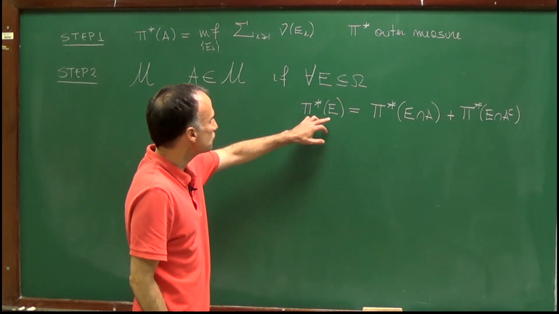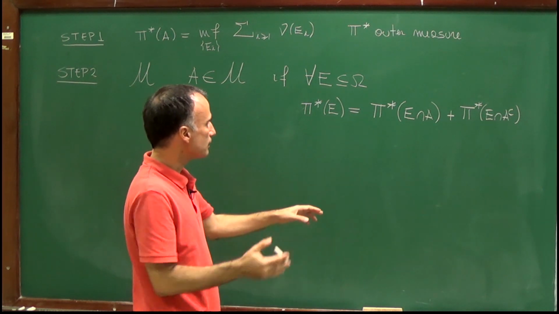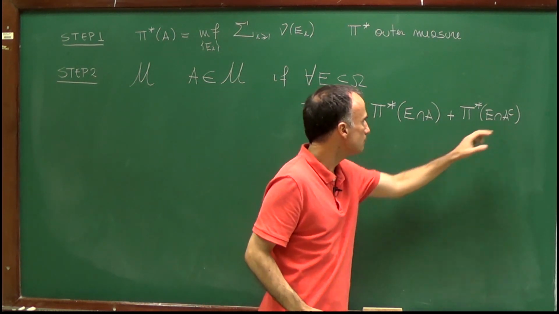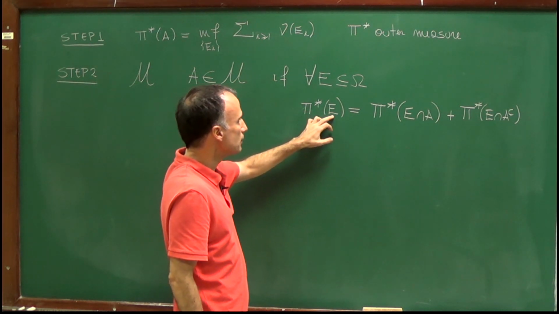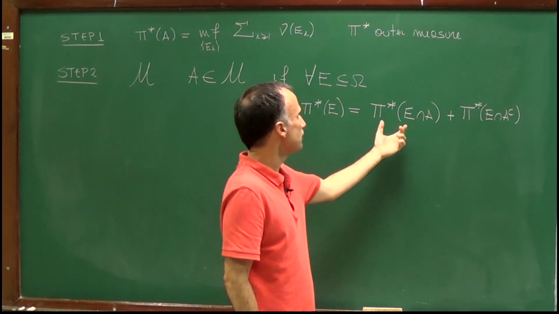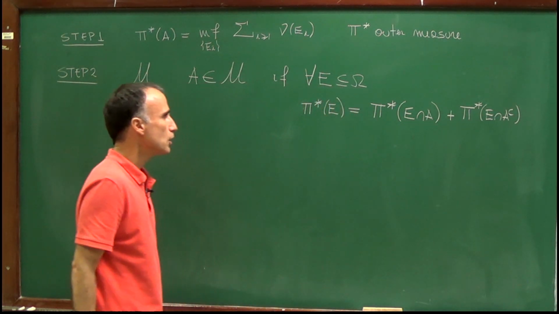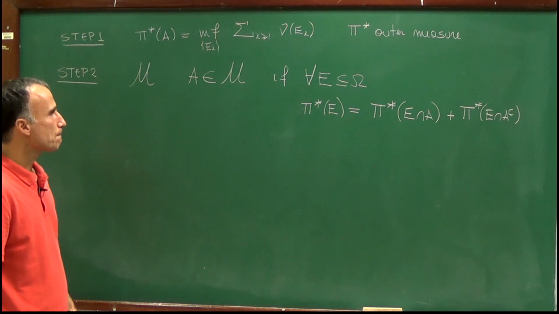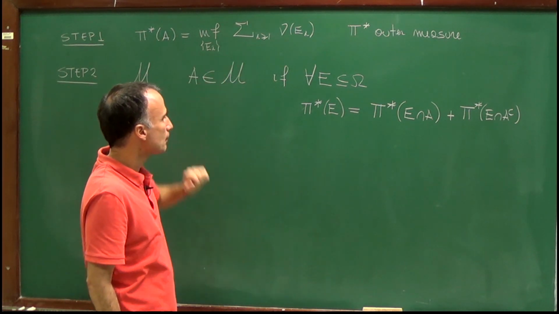So this means that if you take any set E, and you divide this set with the set A, the outer measure of E is equal to the outer measure of the first set plus the outer measure of the second set. So here is the definition of M.